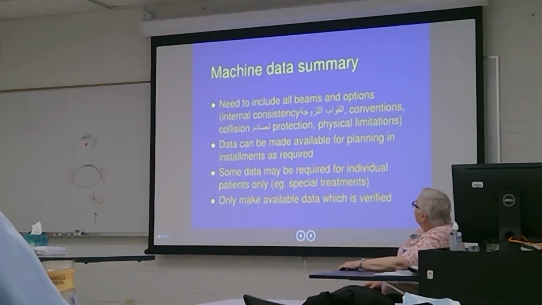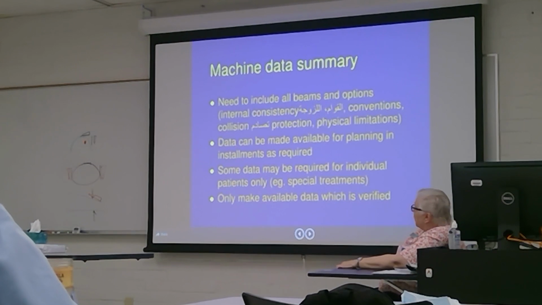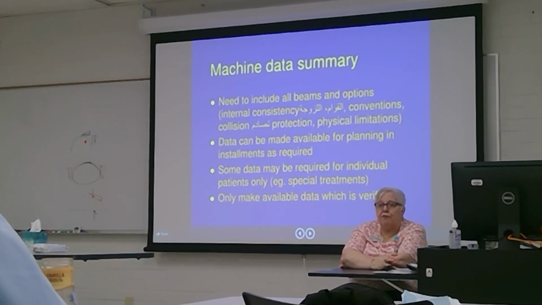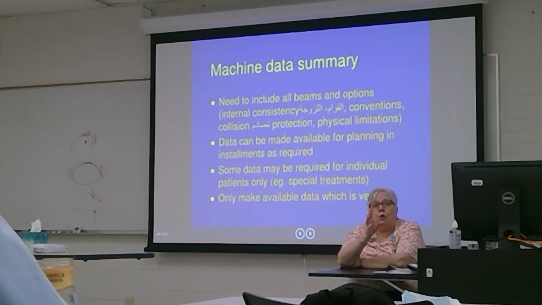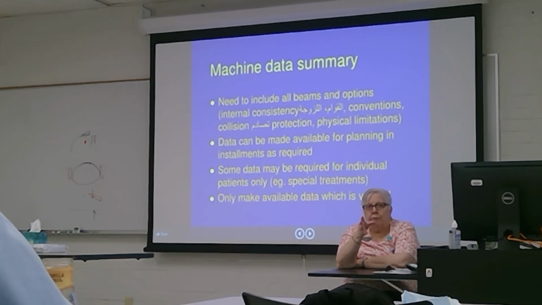So, need to include all beams and options. Collision protection, physical limitations. This is why dosimetrists tend to be radiation therapists first, because they need to know what the machine can do, and more importantly, what the machine cannot do.